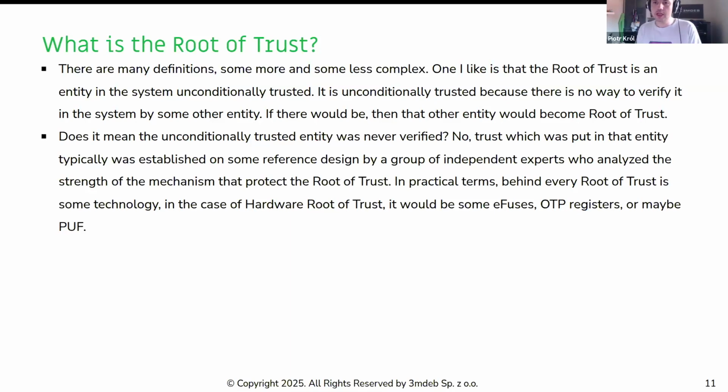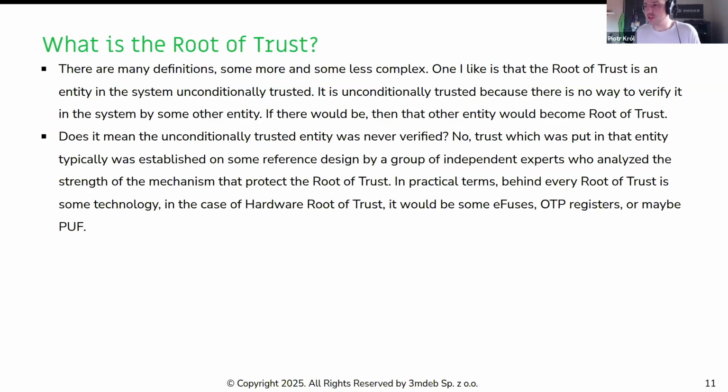And that small code is responsible for maintaining the life cycle of the immutable technology for keeping the key, which is then used for verifying that the next stage of booting is authenticated, is genuine, and coming from someone who holds the private key.